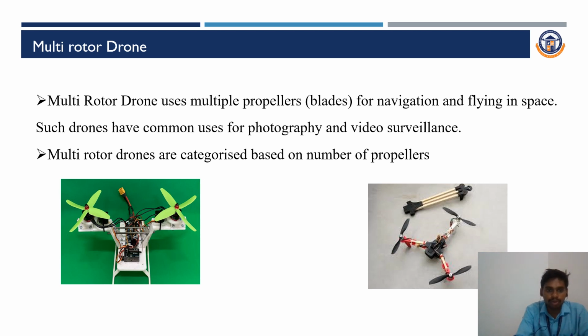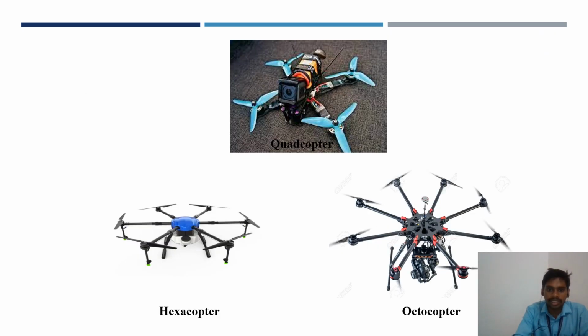This is a quadcopter because four propellers and four motors are there. This is a hexacopter: six blades, six propellers, and six motors. An octacopter has eight motors and eight propellers.